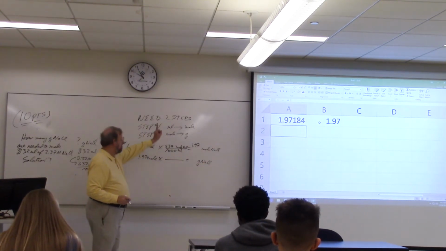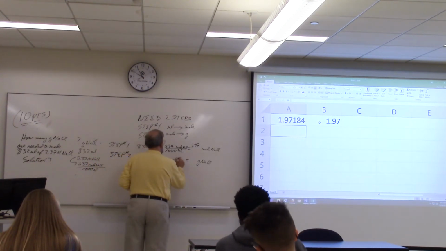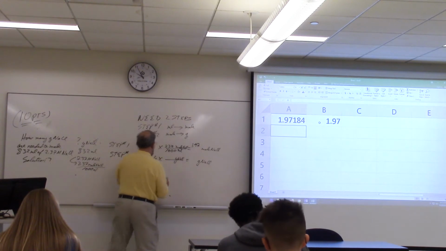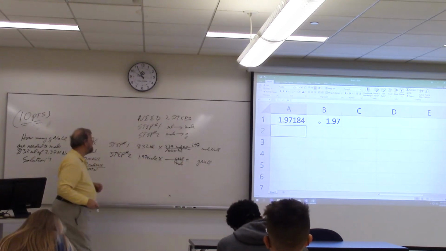What do I do? Whatever I'm trying to get to goes on top. Whatever I'm trying to get rid of goes underneath. Where do I get that?